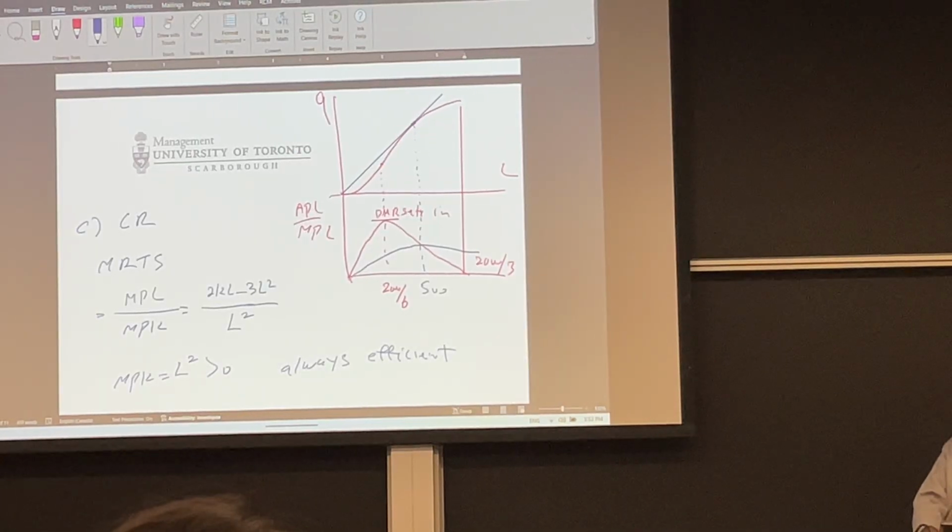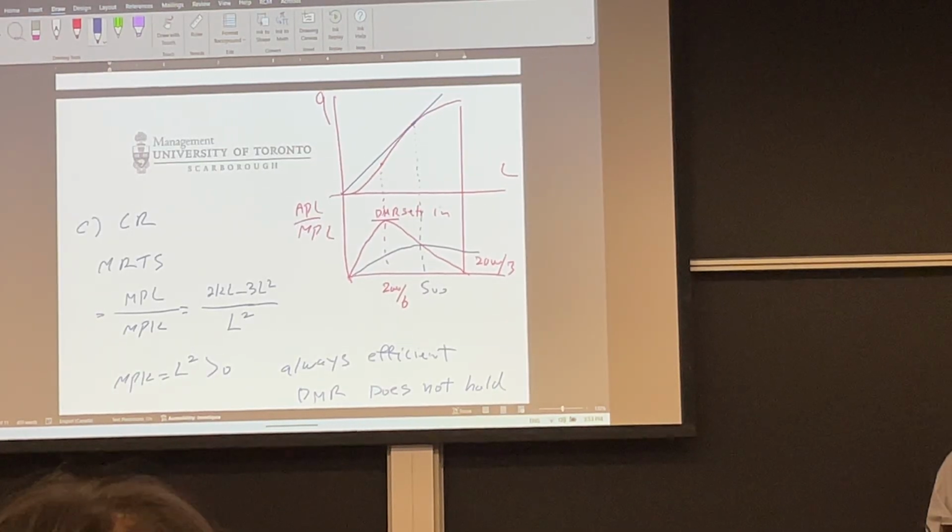Right? Okay. Does capital follow DMR? Do you have diminishing marginal returns to capital? Yes or no? This is constant.